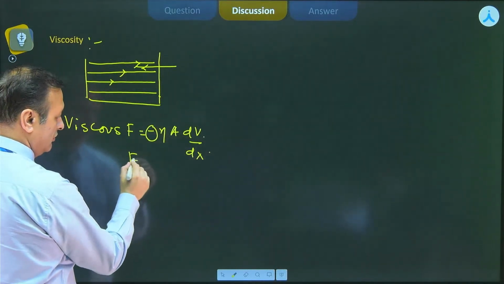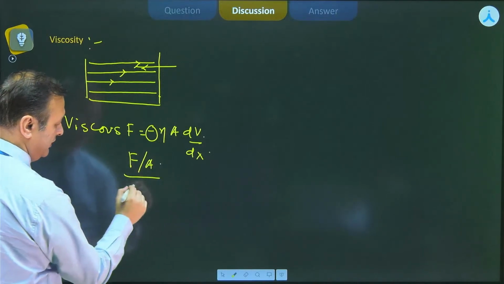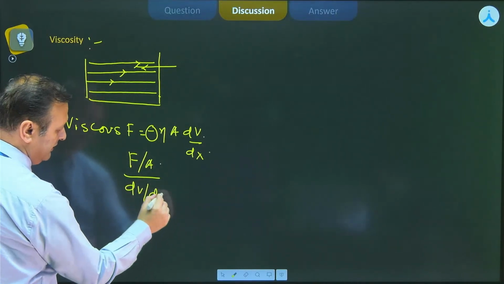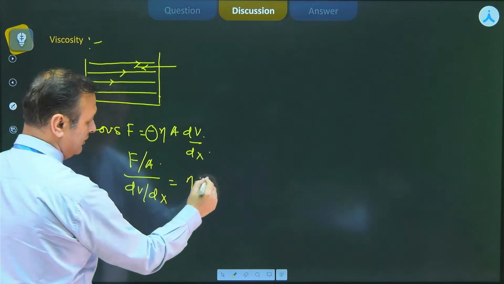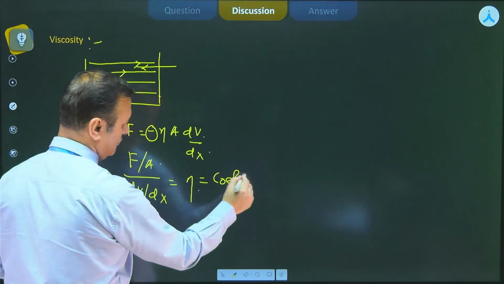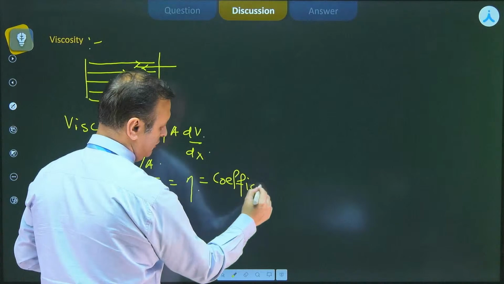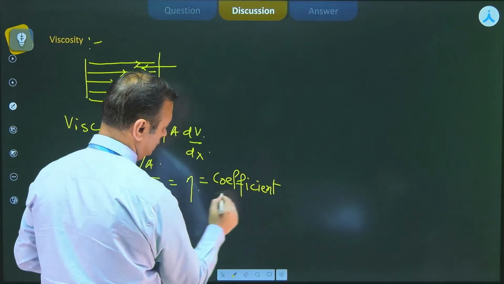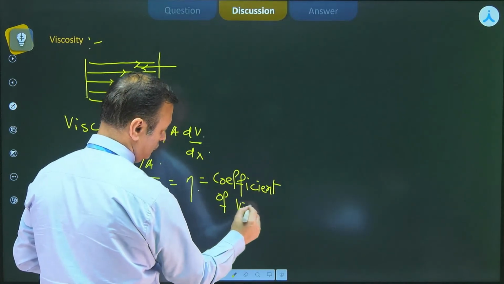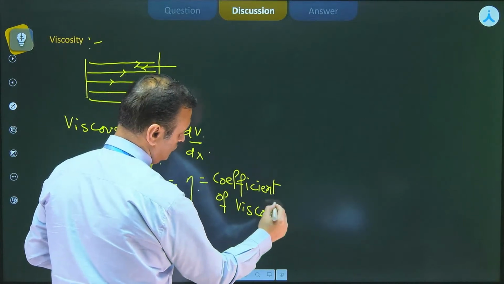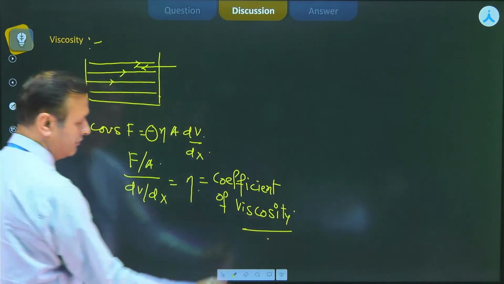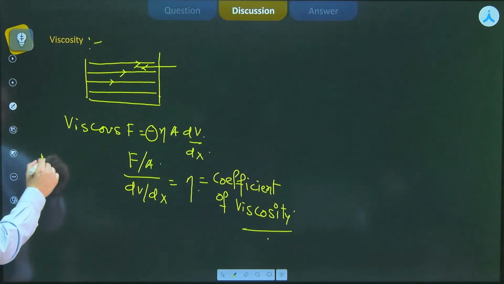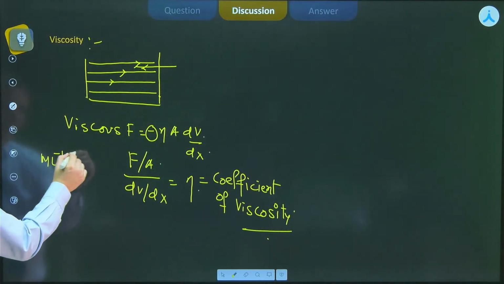So force per unit area dV by dx is your eta, which is also known as coefficient of viscosity, dimensionally M L minus 1 T minus 1.